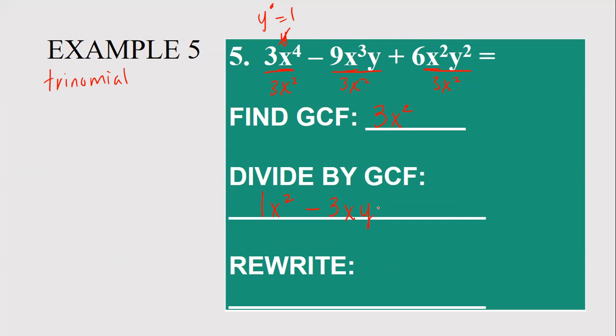And y is just y. 6 divided by 3 is 2. x squared divided by x squared is 1. Is there any reason to write the 1? No. So I have my GCF, I have my quotient. So my answer is 3x squared times x squared minus 3xy plus 2y squared.